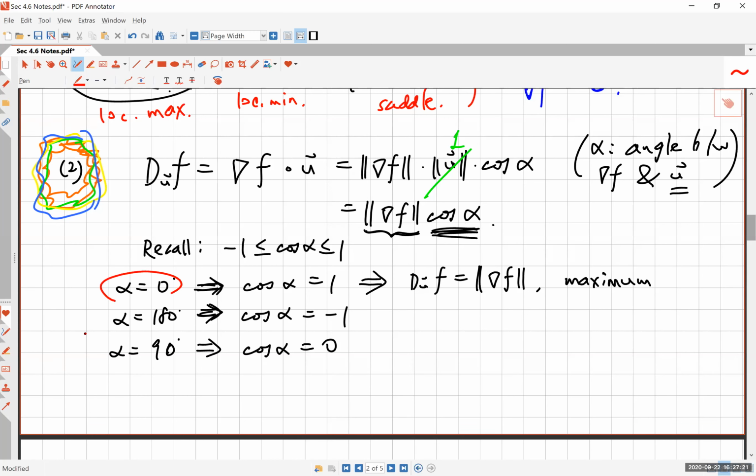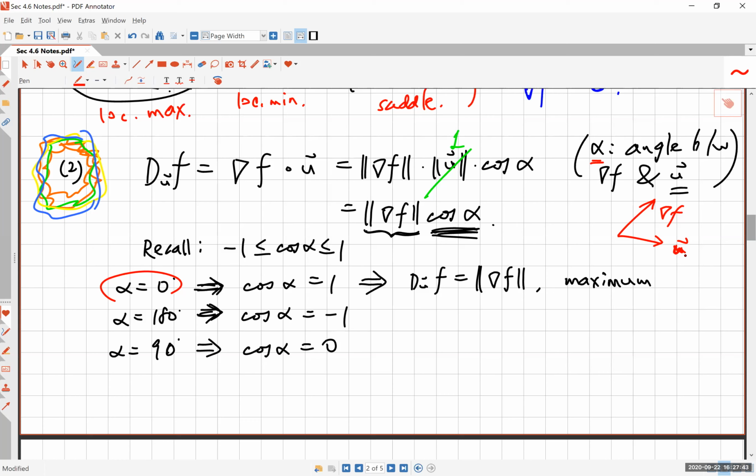This means, you remember, if this is your gradient, and if this is your unit vector, when angle alpha is 0, that means that the gradient is in the direction of u. So the direction that was specified happens to be in the direction of the gradient, right?